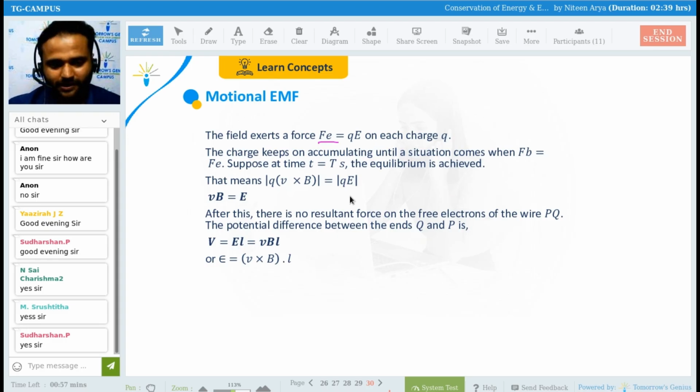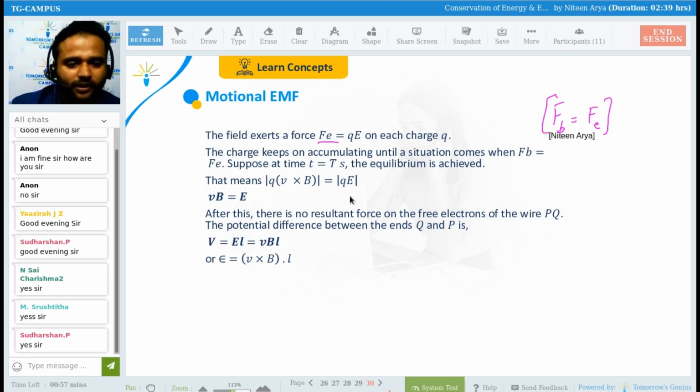Now the main thing coming here, what we already did. This is the accumulation of charge, or you can say the induction of charge, and that magnetic force FB balances. Same thing we are writing: qvB, q v cross B equals qE. I put the modulus just to get rid of the negative sign. So vB equals E, fair enough. After this, there is no resultant force on the free electrons of the wire PQ.